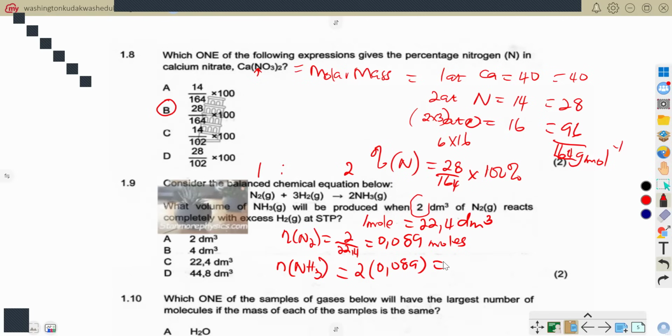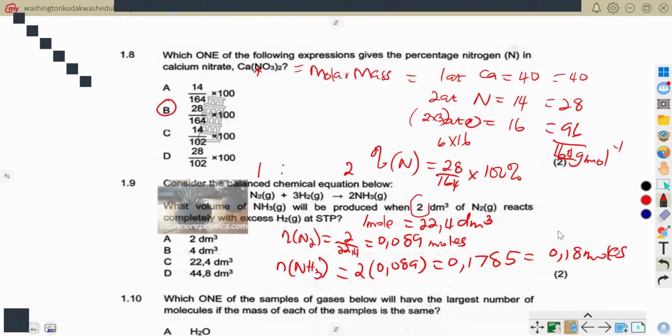This gives you 0.1785, and then we round off to 2 decimal places, which gives 0.18. So we have got 0.18 moles of ammonia.